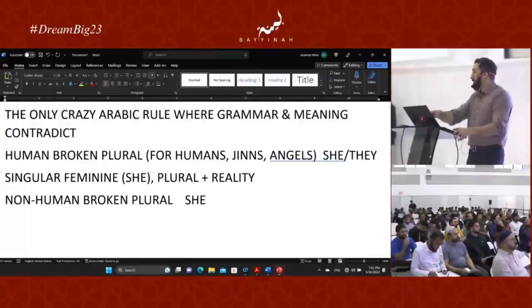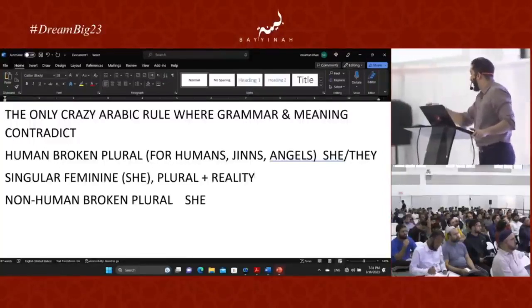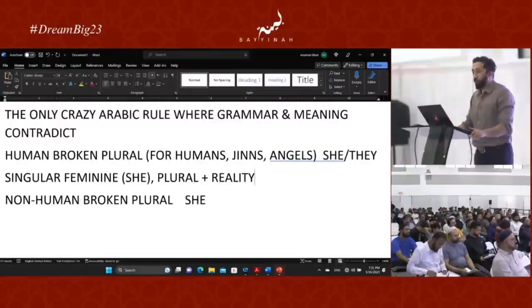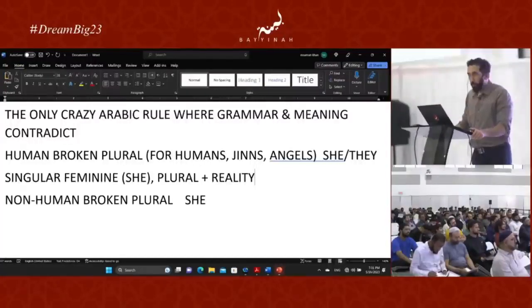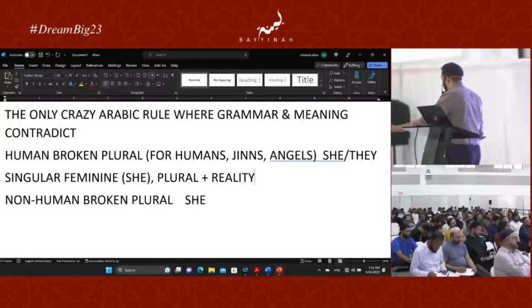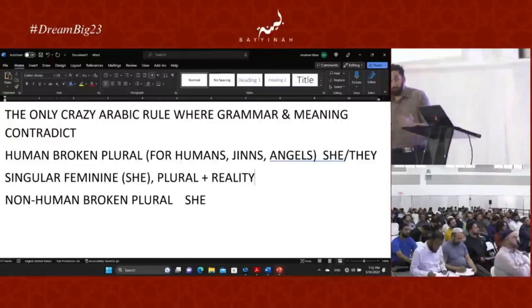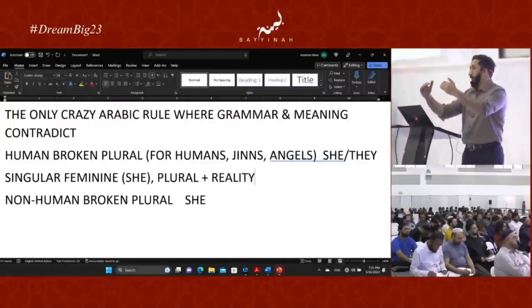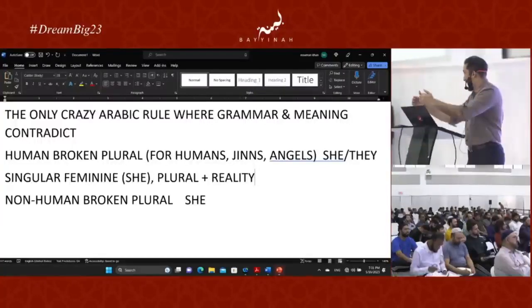I don't mean plural and feminine or plural and masculine. I said plural and reality. And if you don't have a good grasp on reality, see me after class. We will discuss. That's a separate problem. Okay? But when it comes to non-human broken plurals, you basically only get what? She. Even if it's a plural. Why did I say that grammar and meaning contradict?